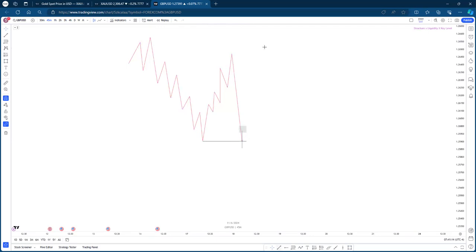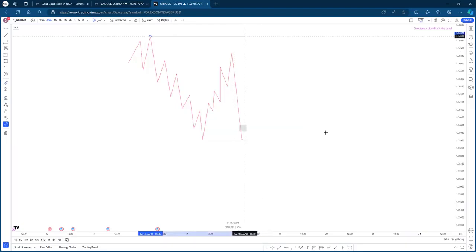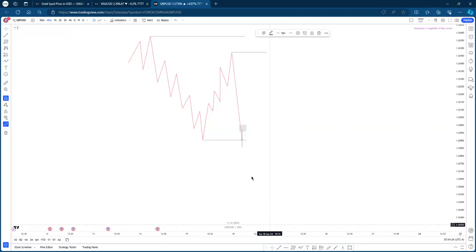But this particular strong high is low probability, because there's a 90% chance that price is going to use this particular high as our next liquidity before price moves in this direction. So we are likely going to see something like this.